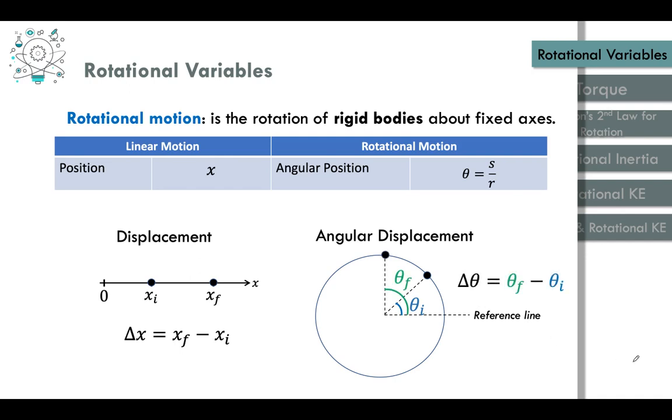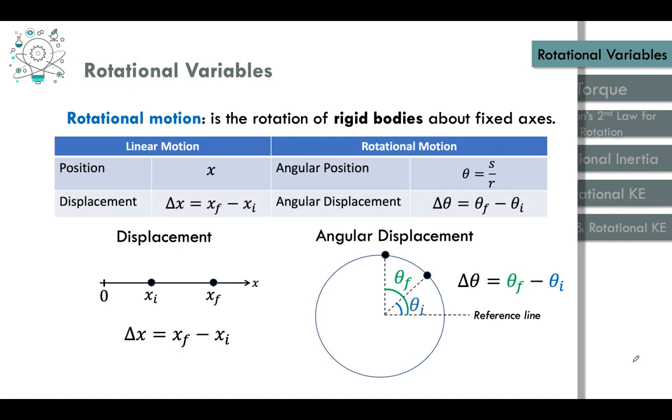So to find our change in angular position, we take the final angular position in respect to the origin or reference line, and we subtract our initial angular position, where again, delta theta should be measured in radians.